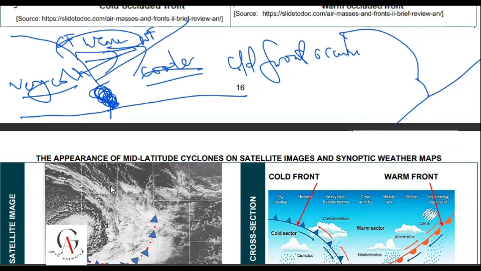If this is our ground surface and we do have the warm front being over the cold front, it is implying that this is a warm front occlusion. And it is the warm front which is touching the ground. If you are checking here, the warm front is this one, which is gentle, touching the ground. And the implication also is the same.